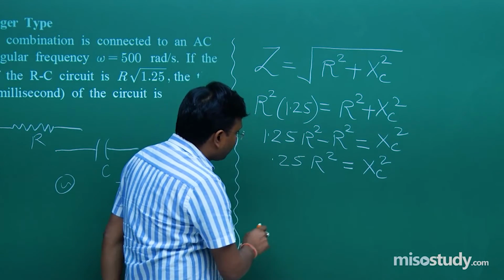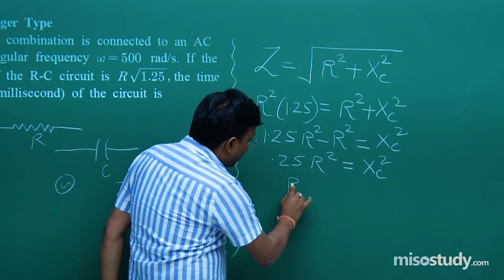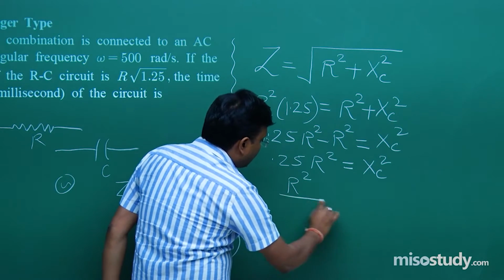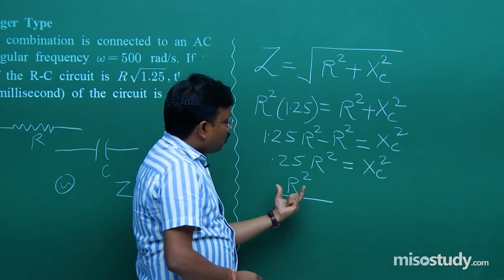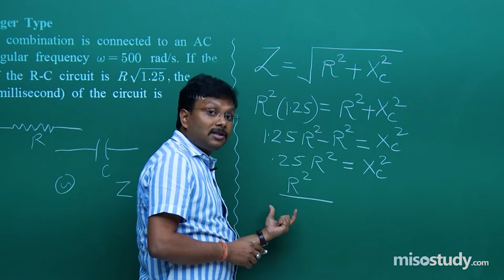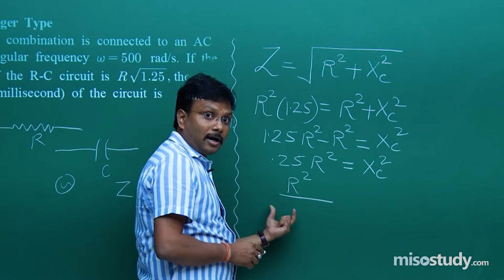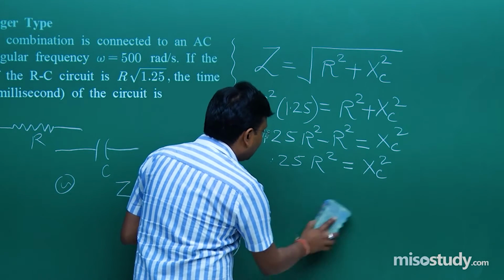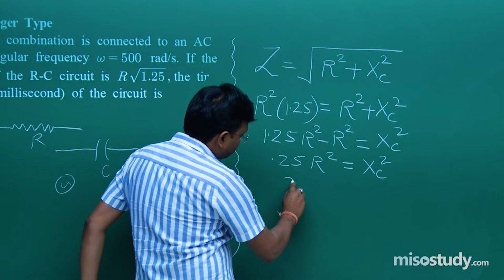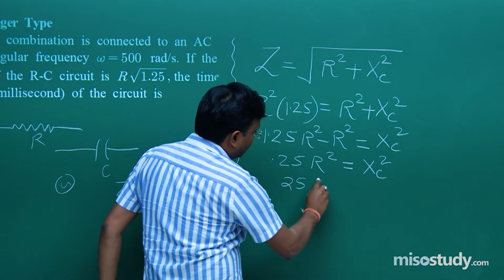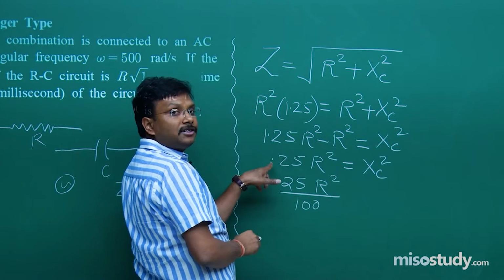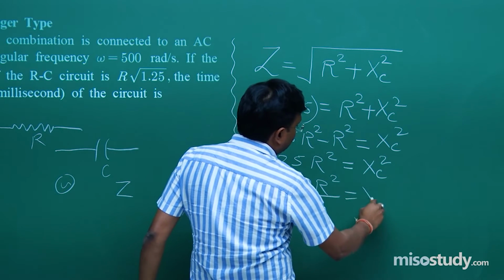Next step is R square upon, if you just solve it, you will get 100 upon this 25, upon 100. So you will get 25 R square upon 100. Remove this decimal place, XC square.